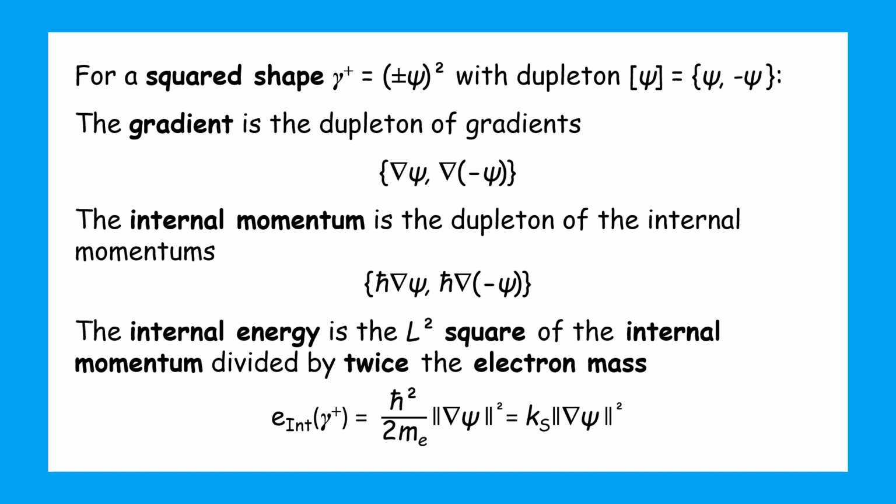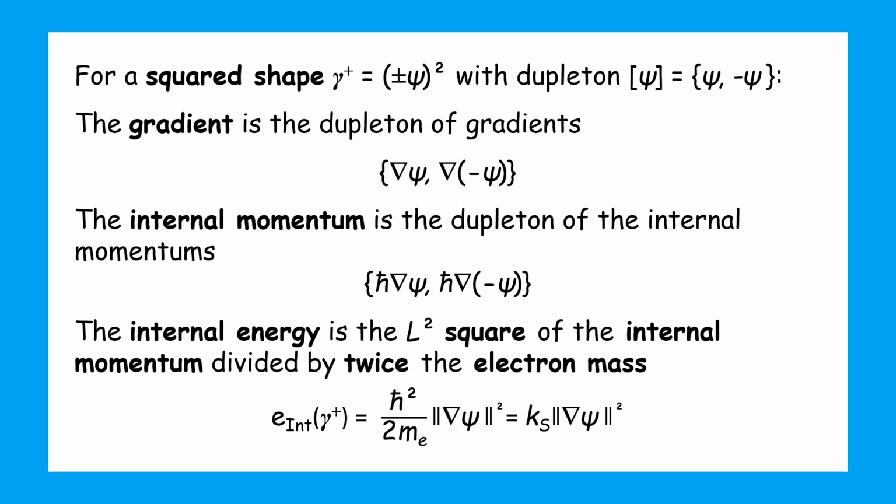For a squared shape, the gradient is the duppleton of gradients. The internal momentum is the duppleton of the internal momentums.